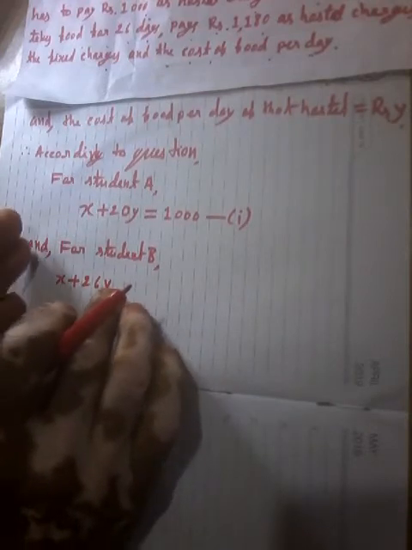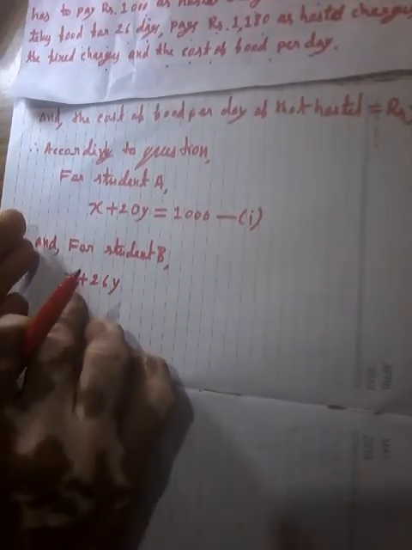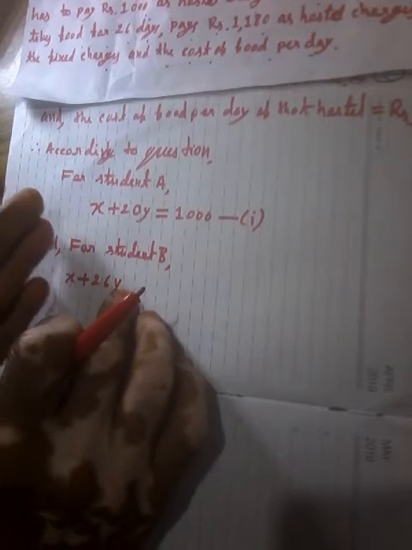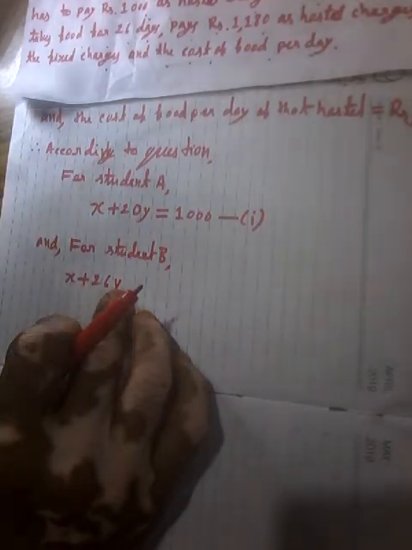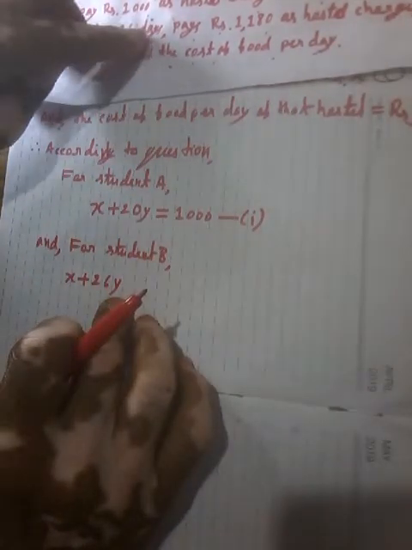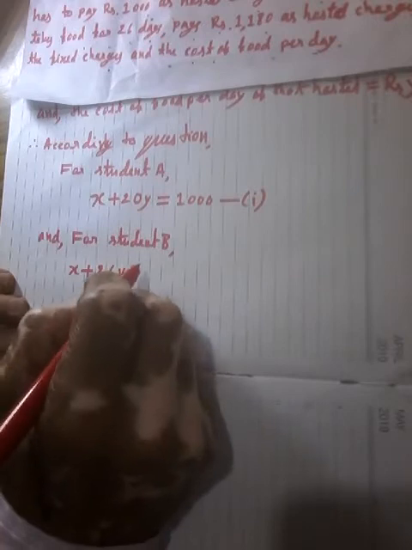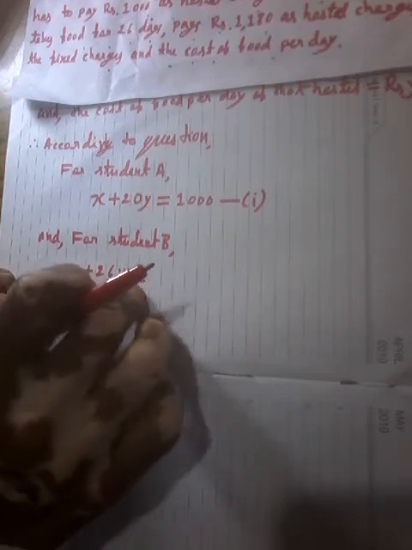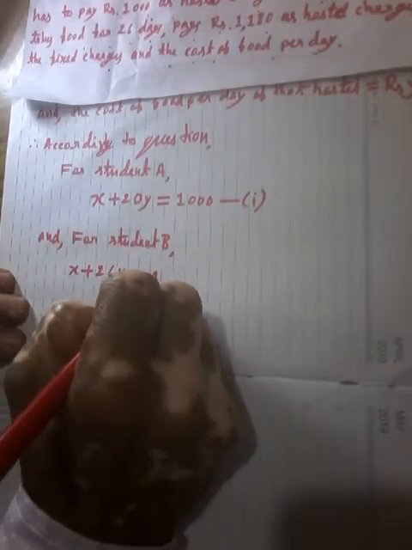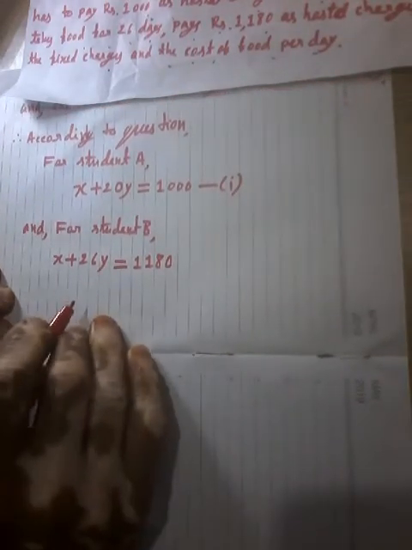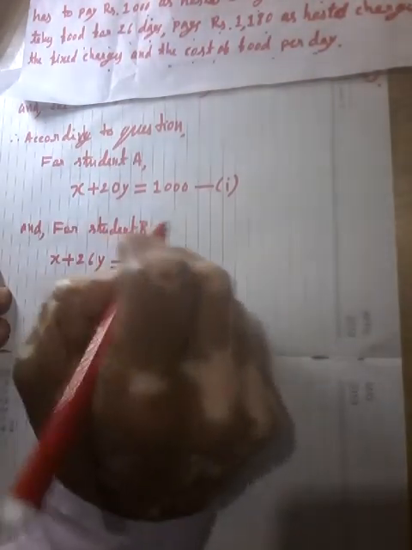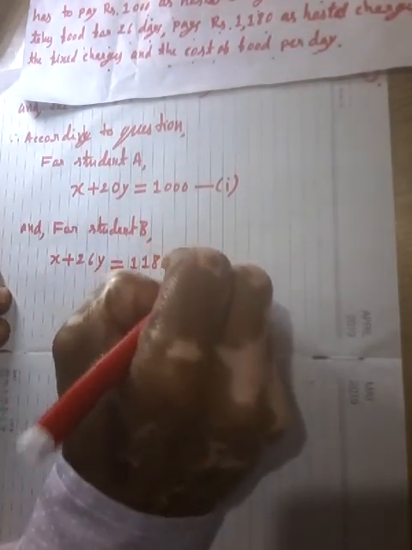So if we add both these parts, the fixed part and the part for which the student B pays for fooding for 26 days, according to the question, this must be equal to rupees 1180. So let us name this relation as 2.